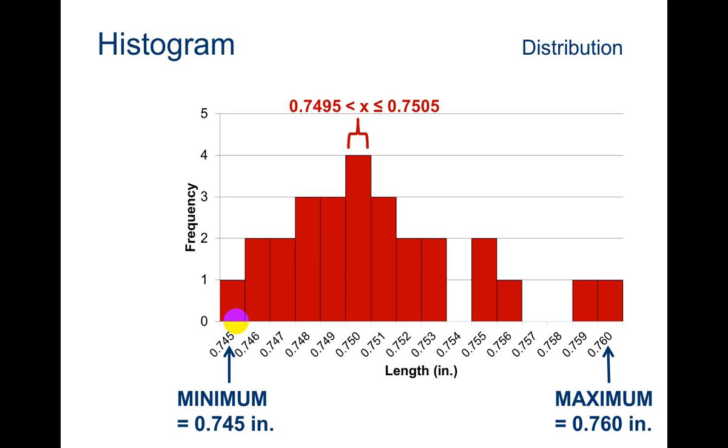For instance, of the 27 parts, 2 have a length of 0.746, and therefore will fall within the 0.7455 to 0.7465 class interval. 4 have a measured length of 0.750 and fall within the 0.7495 to 0.7505 class interval.